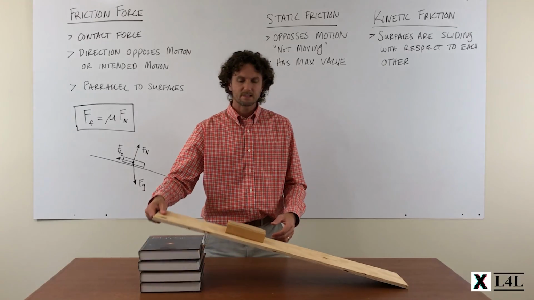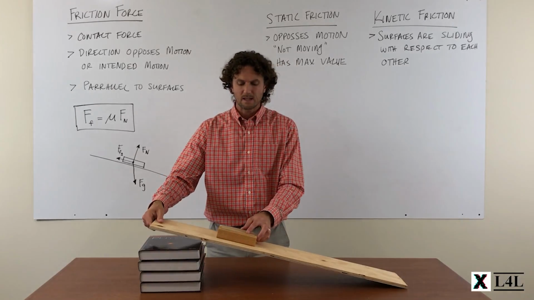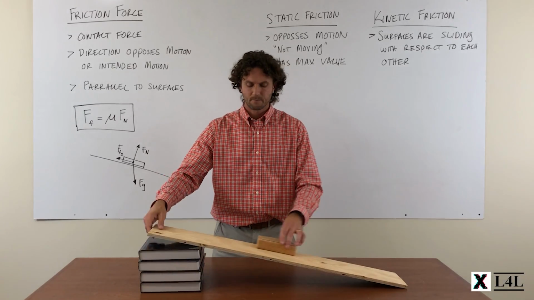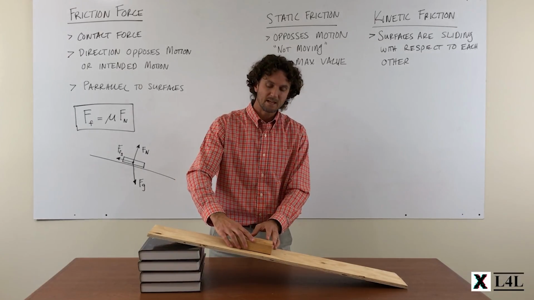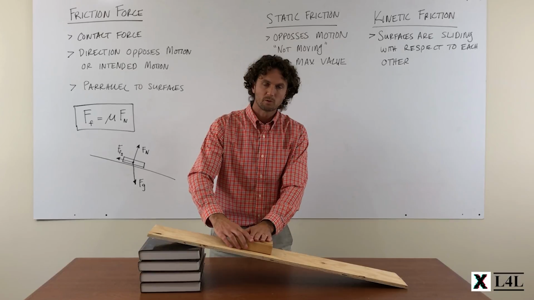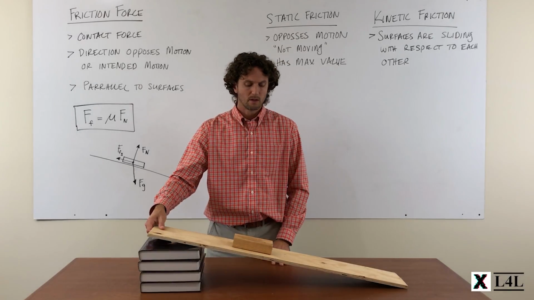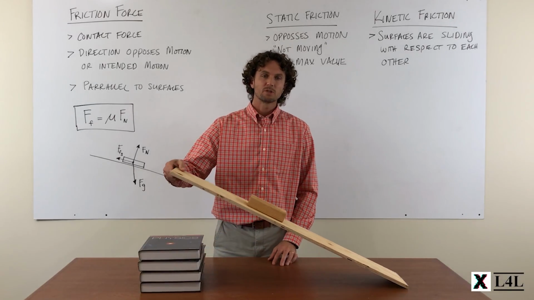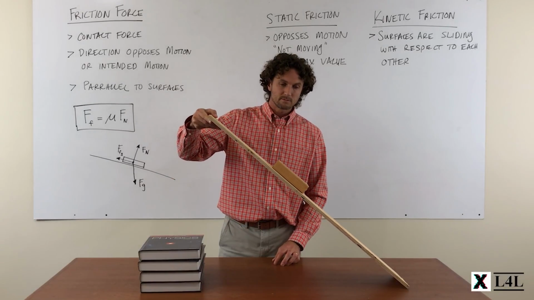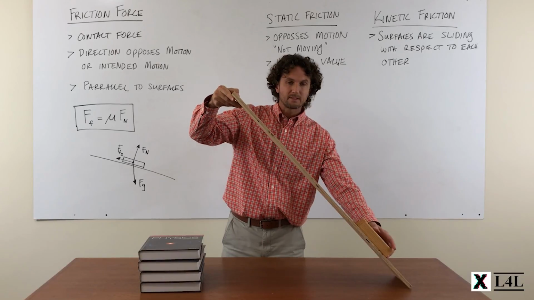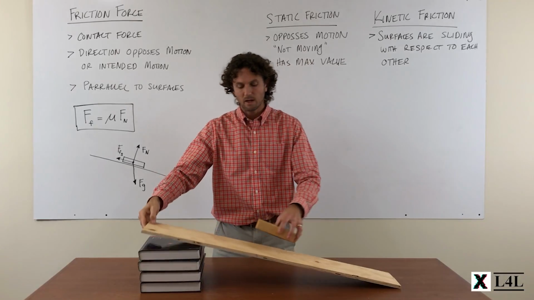As I raise this incline, you can see that the block slides pretty easily down. However, by putting the surface of the sandpaper in contact between the block and the board, we have a much different coefficient of friction, such that it's not until I get to this incline that the block begins to slide.